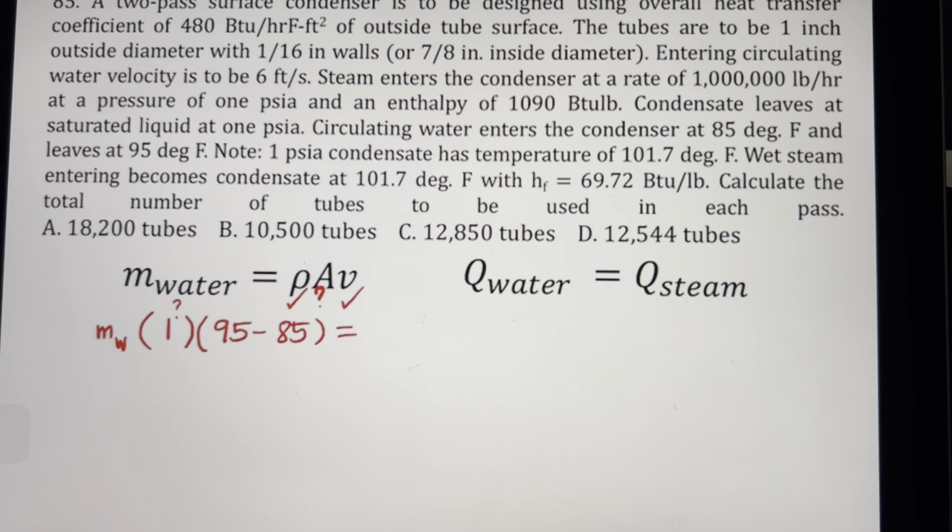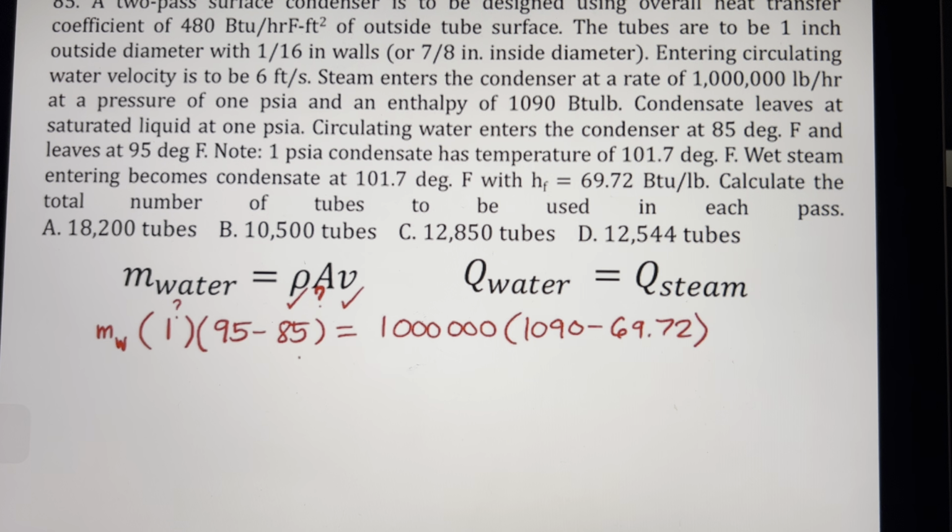is equal to, for the heat rejected from the steam, mass flow rate of steam times the change of enthalpy. Okay, so the mass rate of our steam is 1 million pounds per hour, times the change of enthalpy. So our entrance enthalpy is the enthalpy of our condensate, which is 1090 BTU per pound. And our exit is our enthalpy of the saturated liquid at the exit of the condenser, which is 69.72.